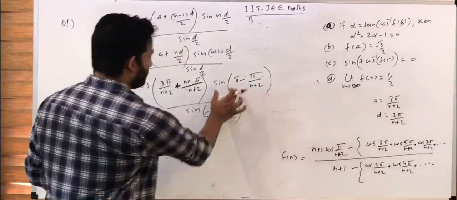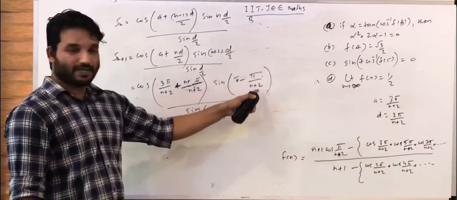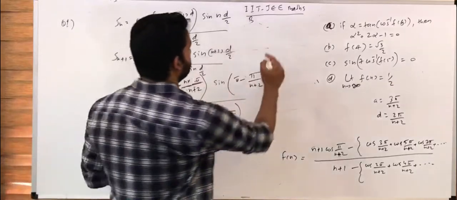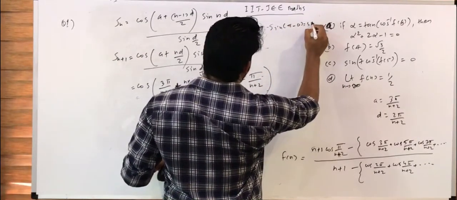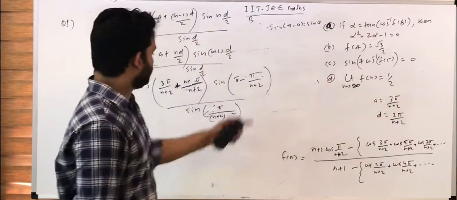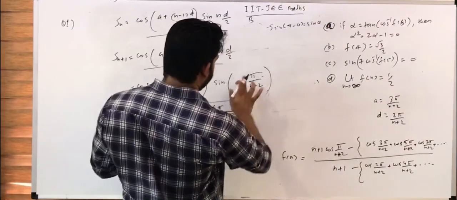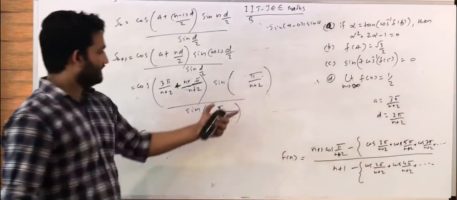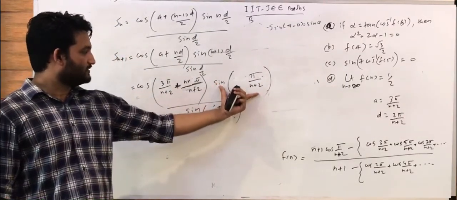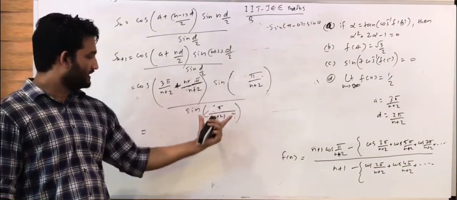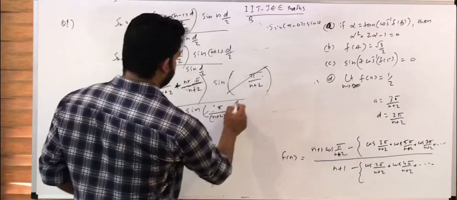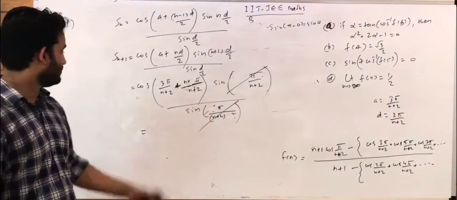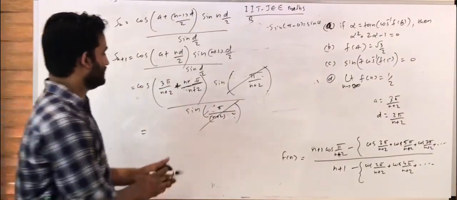So what is sine of pi minus pi by n plus 2? This is sine of pi minus theta, which we know equals sine theta, so it becomes sine pi divided by n plus 2. Then in the numerator we have sine pi divided by n plus 2, and in the denominator sine pi divided by n plus 2, so these two terms get cancelled. So we need to evaluate only these terms.